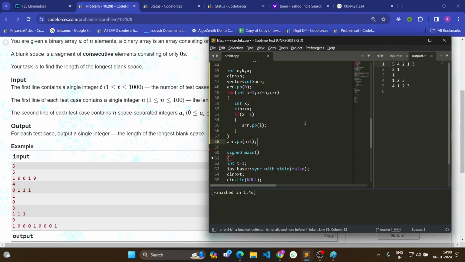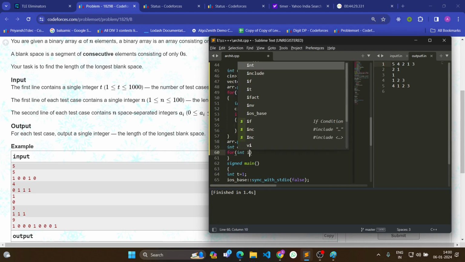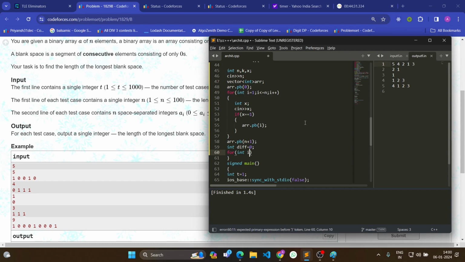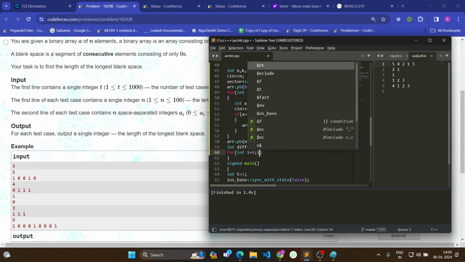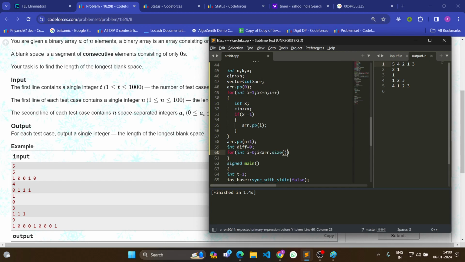Okay, and now the answer is simple. It's just the maximum difference between any two ones. Why am I taking L dot size here? Because otherwise I have to do n and n plus 1 and all sorts of things.